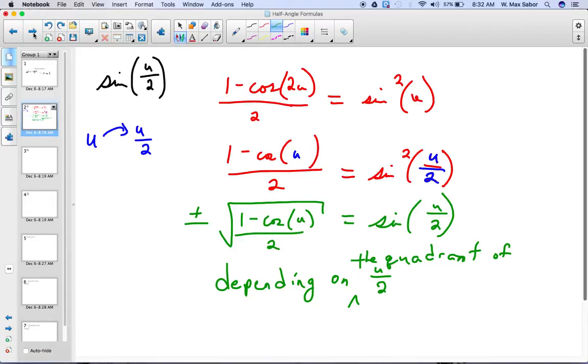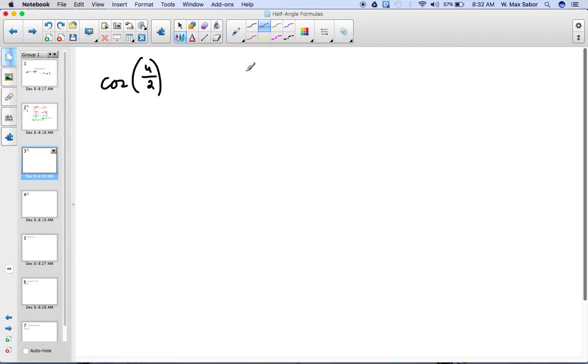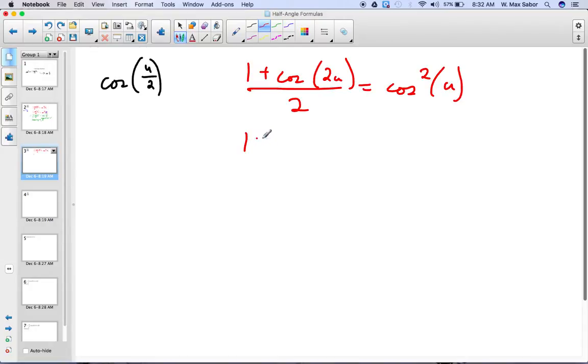Let's do the same thing for cosine. We'll start with 1 plus cosine 2u over 2, which was our power reduction formula for cosine. And just as before, we're going to replace u with u over 2, which will take 2u and turn it into u.